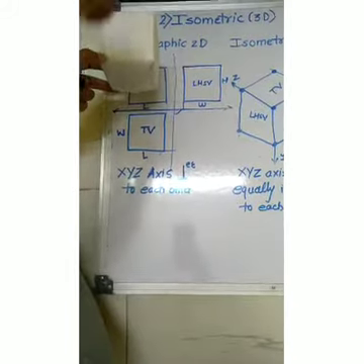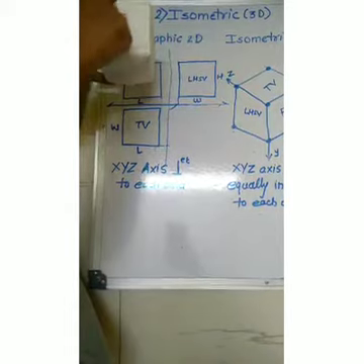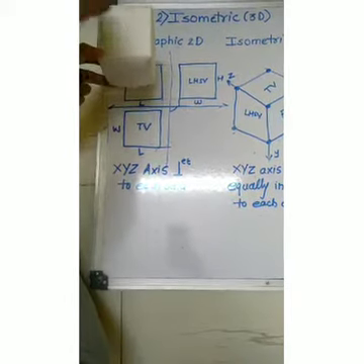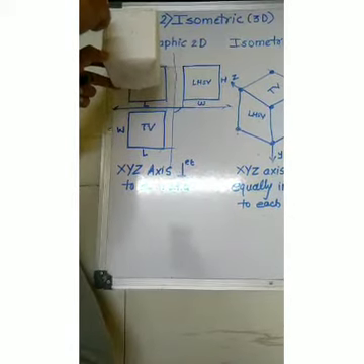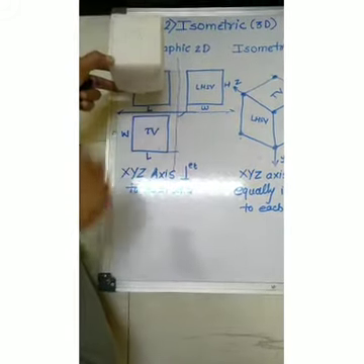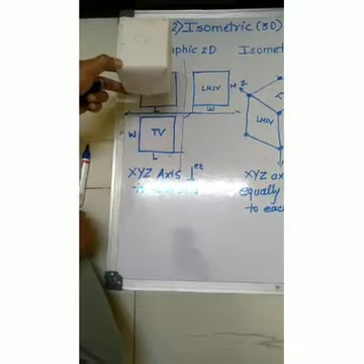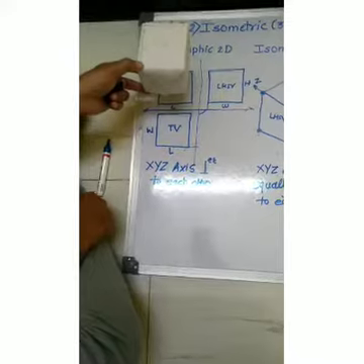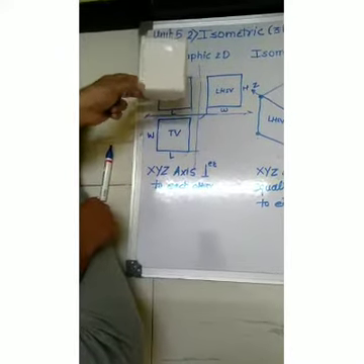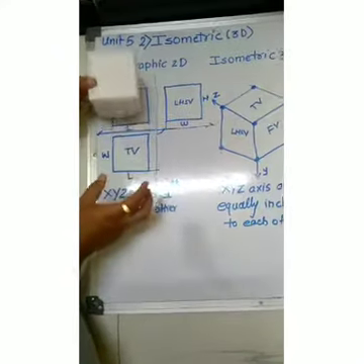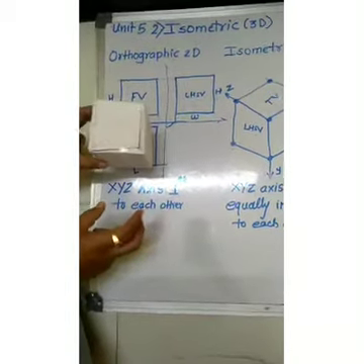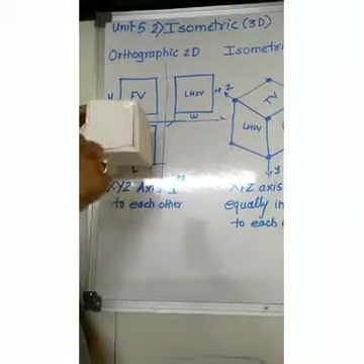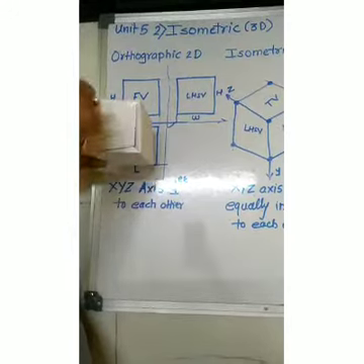So observing from the front you can see length and height only. Width you cannot see because it is perpendicular to the direction of visualization. For observing the width you will have to draw the top view. Now this is the front view, I am rotating this one, and observing from the top you can see length and width.